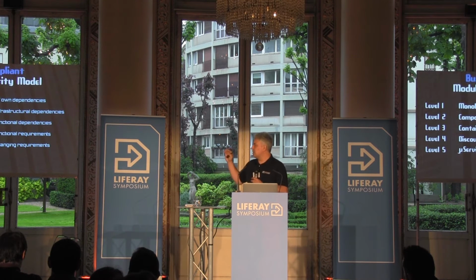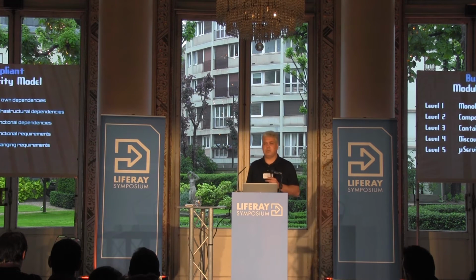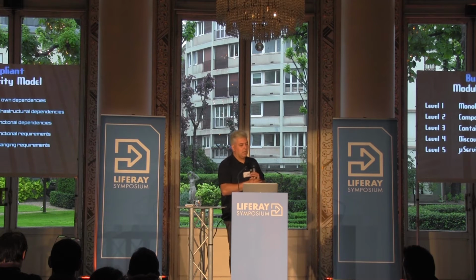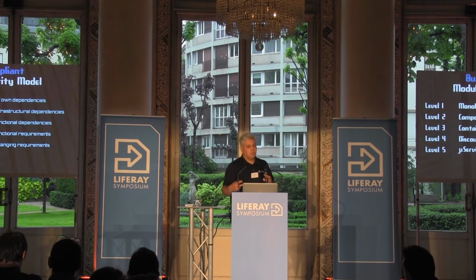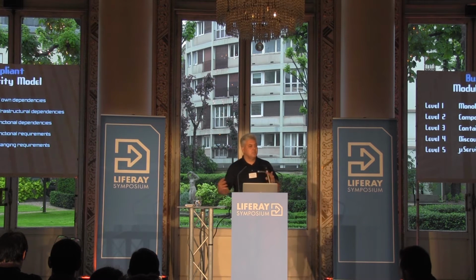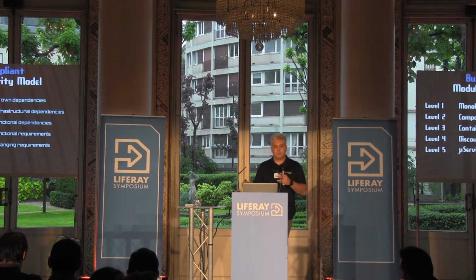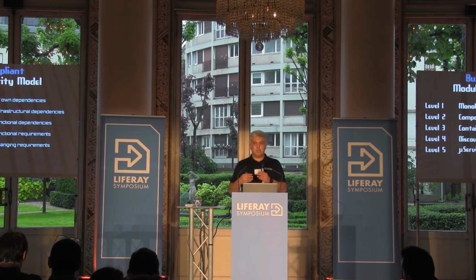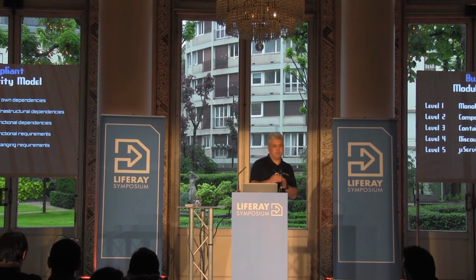So in a monolith scenario, you're unaware of your dependencies, and you don't have to be because everything's together. Then you want to do a composite, you are actually being aware of infrastructural dependencies. So you know about things around you. You go one step up, and you don't care too much about infrastructural dependencies. Now you care about functional dependencies.